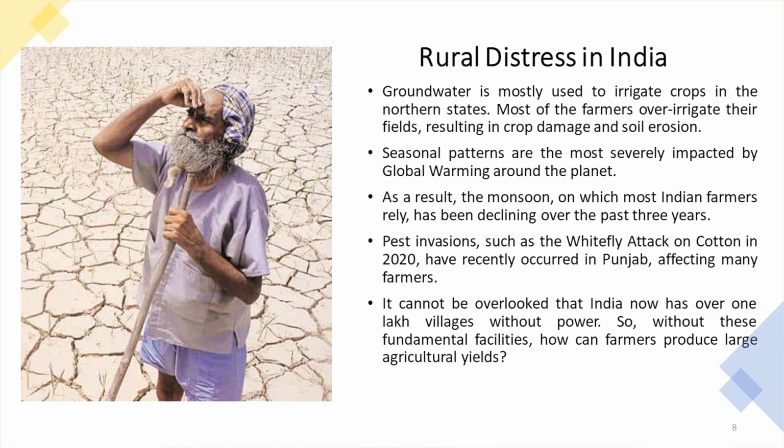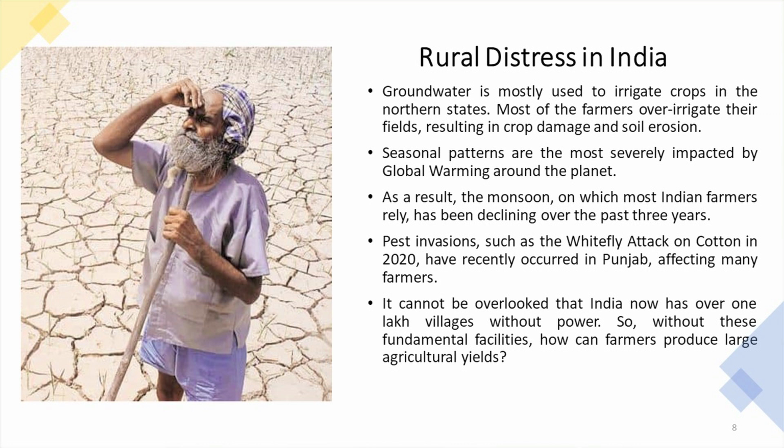The resulting factor is that the monsoon, on which most of the Indian farmers are relying, is now leaving their fields with no water, because two-thirds of the country's population relies on agriculture. And if they don't have sufficient supply of water, the end result would be low quality of the produce.